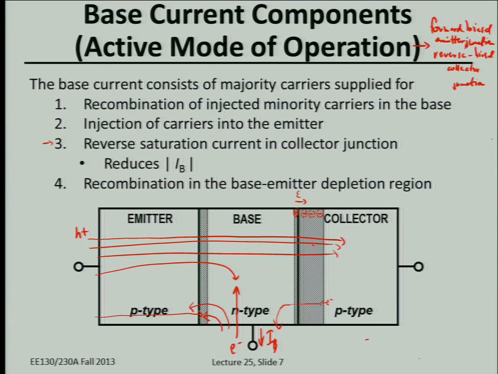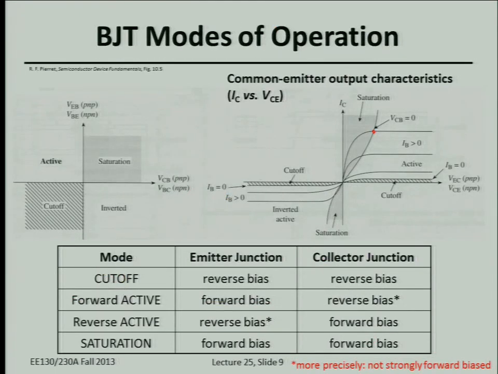So even if the collector junction is forward biased, it will still collect these minority carriers that are injected into the base. What happens is if you forward bias the collector junction, now you'll start to inject holes into the base in the opposite direction. You'll start to cancel out the effect of the holes injected from the emitter. So if VCE is going in this direction, you're basically starting to forward bias your collector junction.